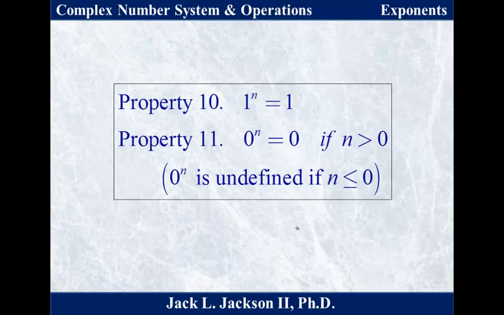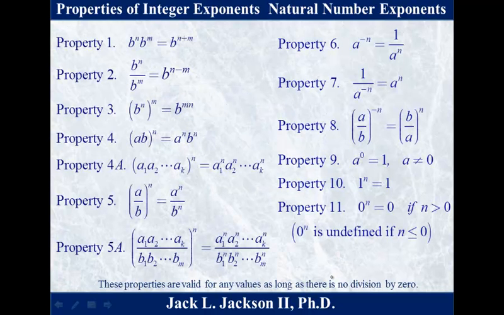This will happen for any negative power. And 0 to the 0 power is also undefined. On the one hand, anything to the 0 power ought to be 1, but on the other hand, 0 to any power ought to be 0. Those things don't match up. And since they don't match up, we leave 0 to the 0 undefined.